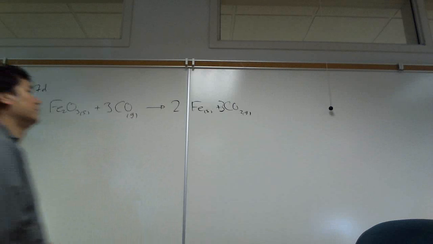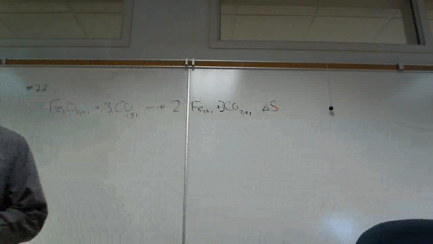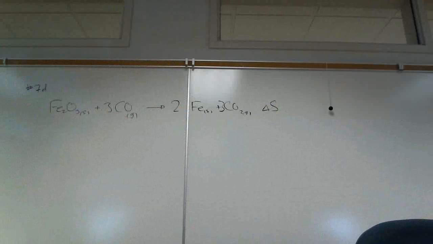So we want to predict what delta S is. This is qualitative, and so we're going to just take a guess at it. What do you think? Delta S goes up, down, or stays about the same?